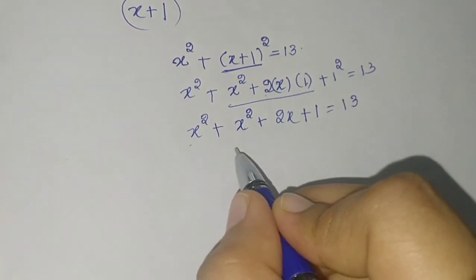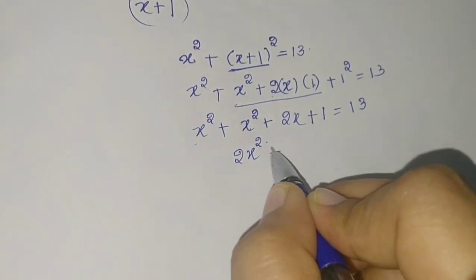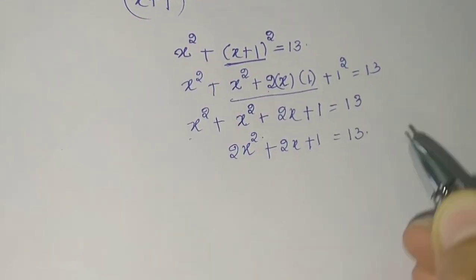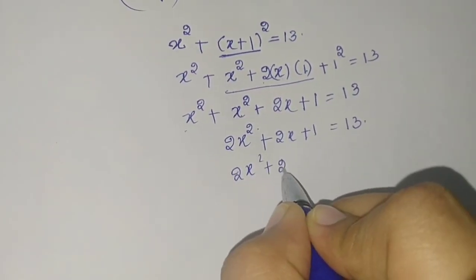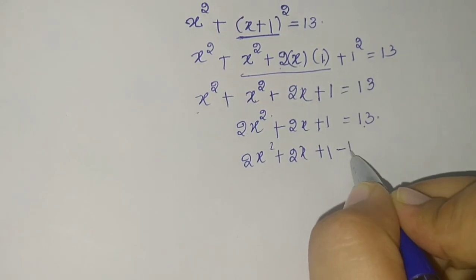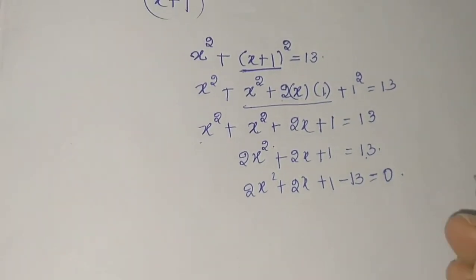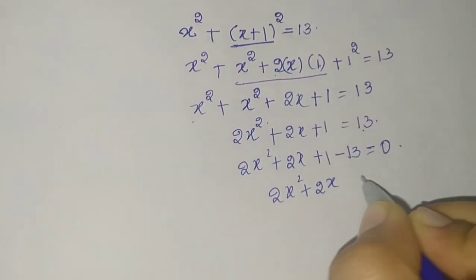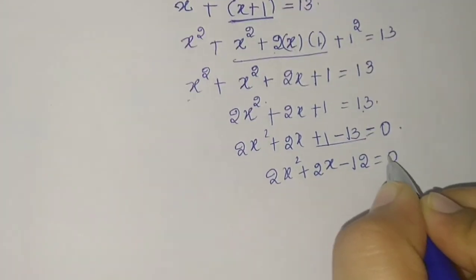So x square and x square, when I add, this will be is equals to 2x square plus 2x plus 1 is equals to 13. Okay, so now 2x square plus 2x plus 1, so this plus 13 it will come here, means it will become minus 13. So this will be is equals to 0. So 2x square plus 2x minus 12 will be is equals to 0.